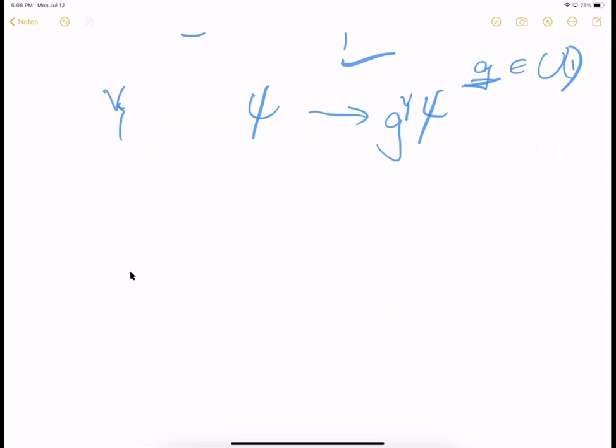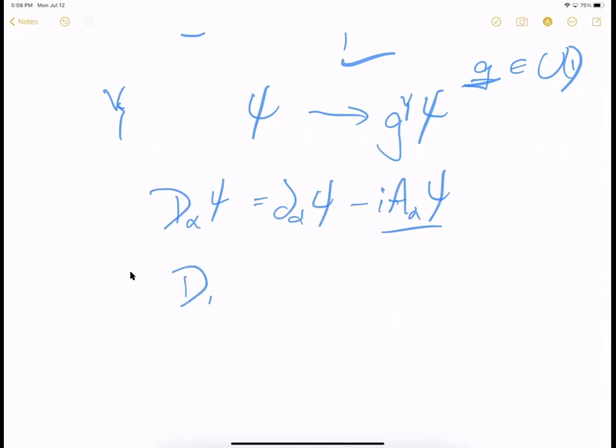The ones that actually do happen are well described by the gauge covariant derivative. Remember in electromagnetism, we had a derivative of a charge field that was the usual derivative and then the gauge field times the field. Well, in general, suppose we wanted an SU3 covariant derivative of some color multiplet. Let capital A be 1, 2, 3.